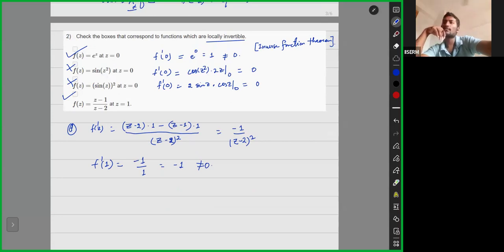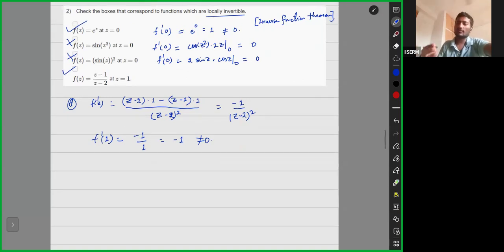So the converse part is just like z square.